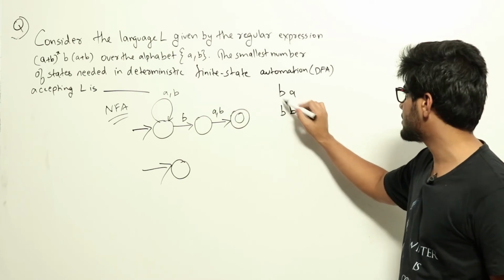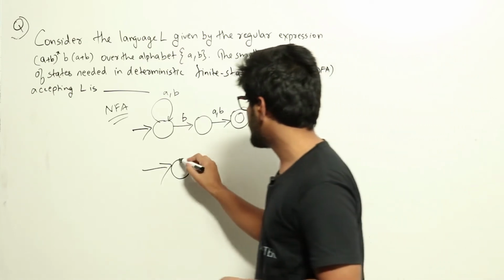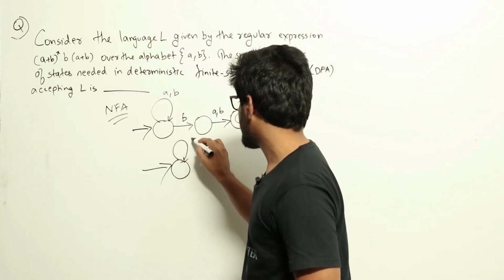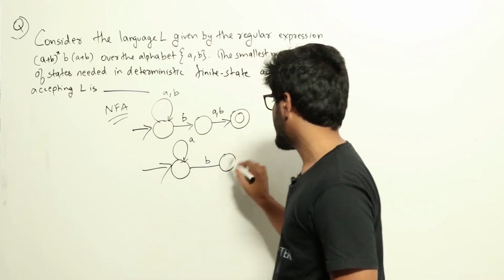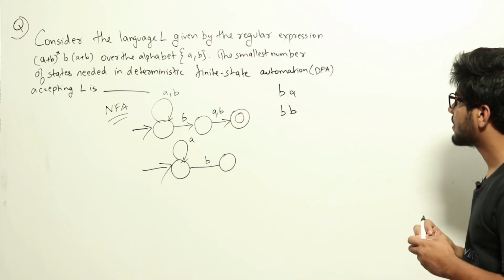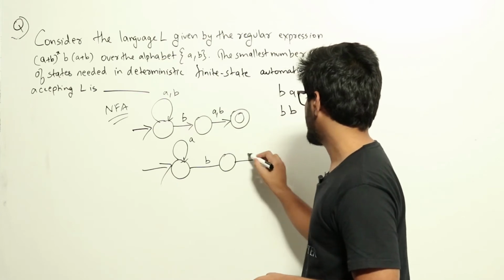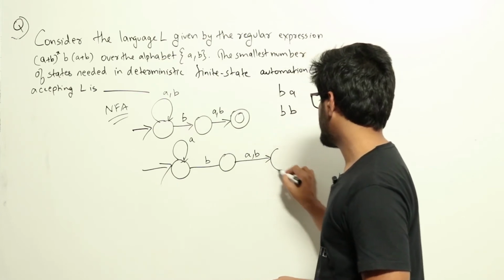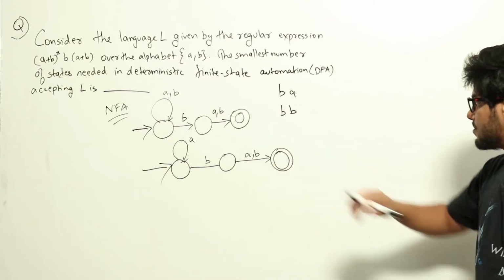Only when we see the first B it matters. So let us say that for A we go to the same state, and on seeing the first B I go to this state. Now it's all strings ending with BA or BB, right? So on seeing the next A or B I can go to this state. Okay, so this seems correct.